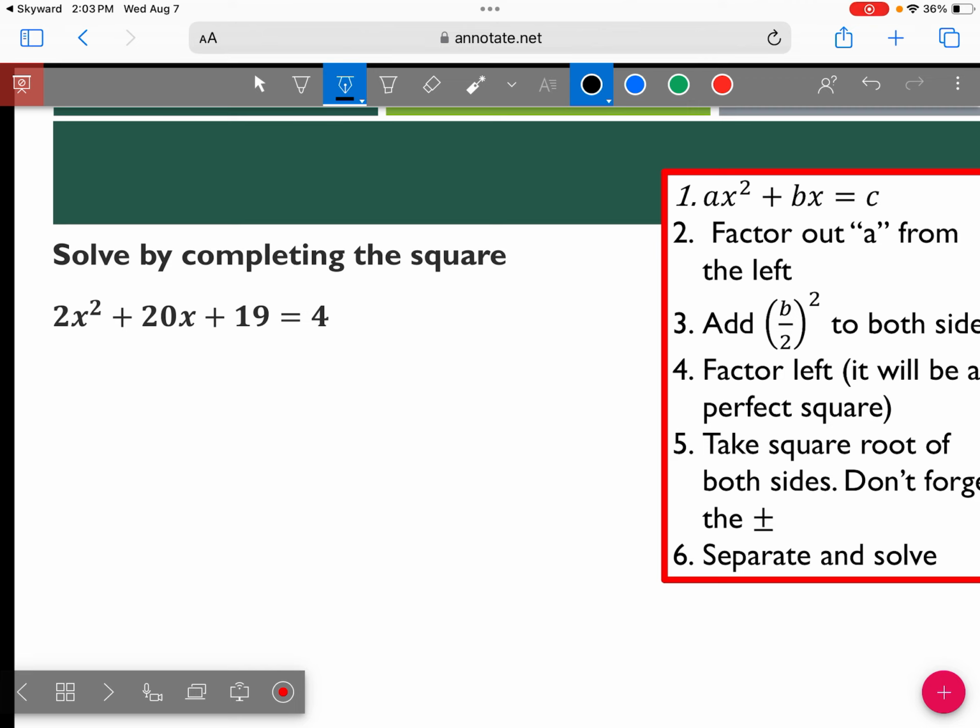Negative 5 plus or minus the square root of 35 over 2. That's your answer.